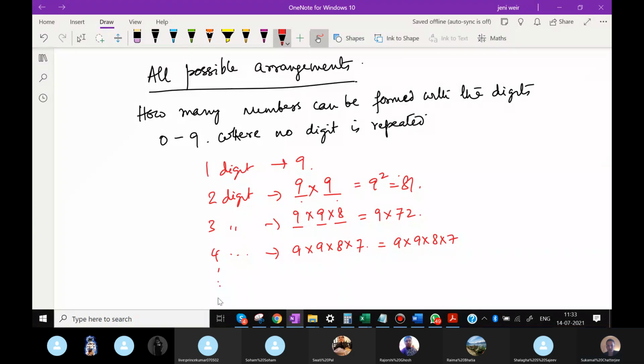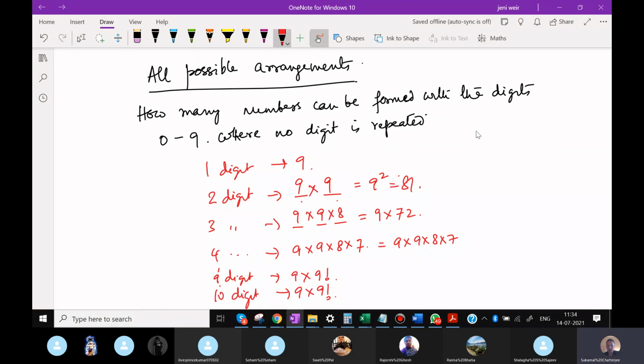And the last one that I can have is a 10-digit number, where it would be 9 into factorial 9. In case of a 9-digit number also, it would be 9 into factorial 9. And the rest of them will go like this.